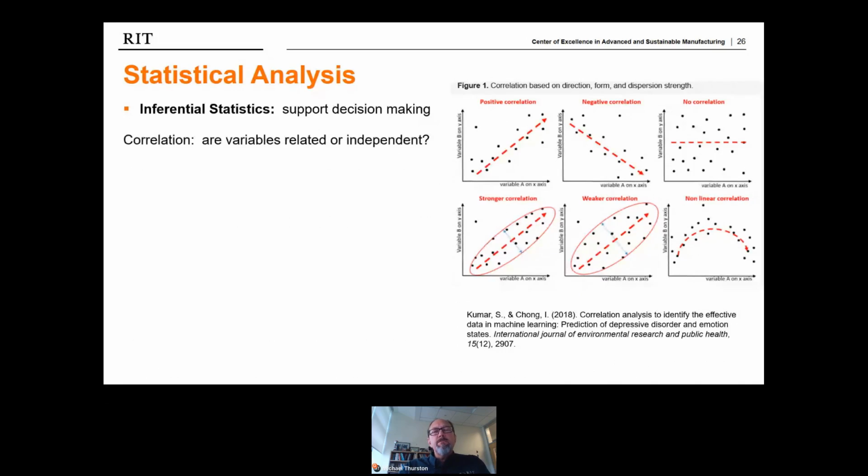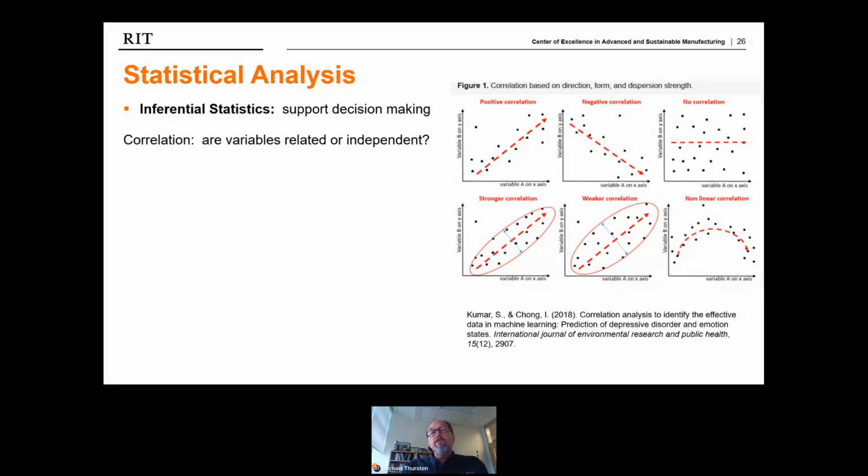The first two on the second row on the left indicate a level of correlation, where the first one shows less variation and stronger correlation. The second one shows higher correlation. And we can have different types of correlation.